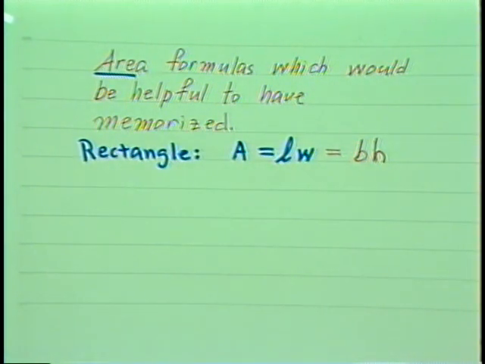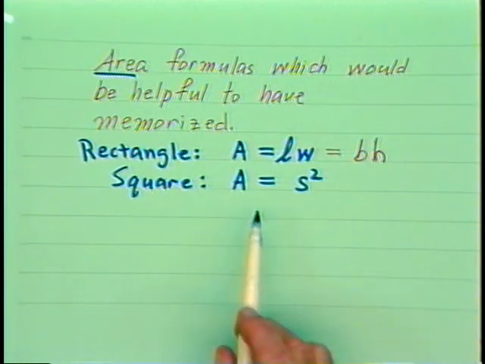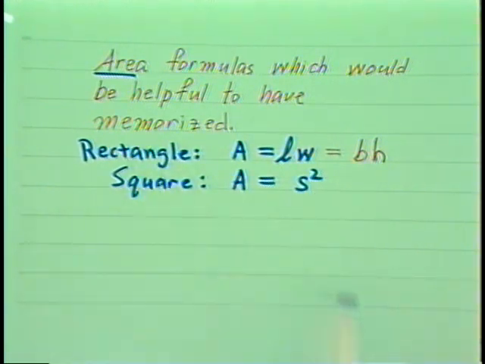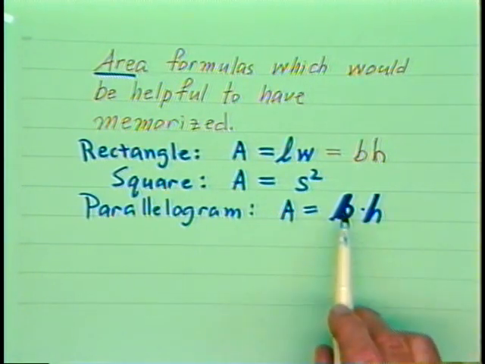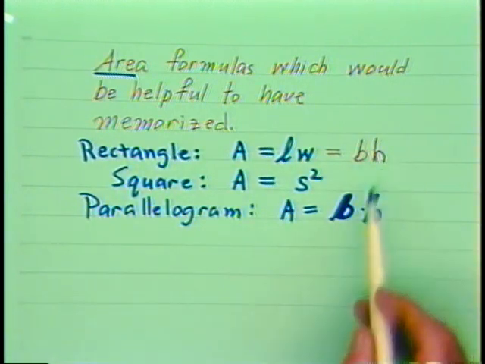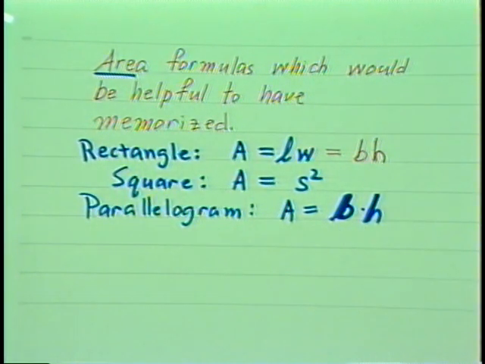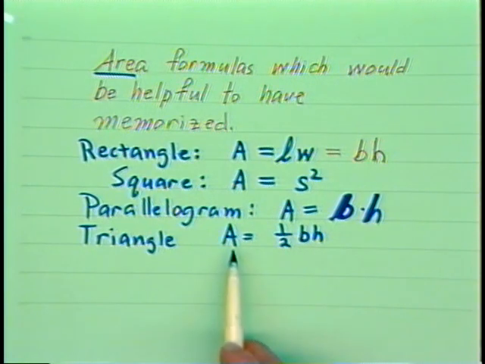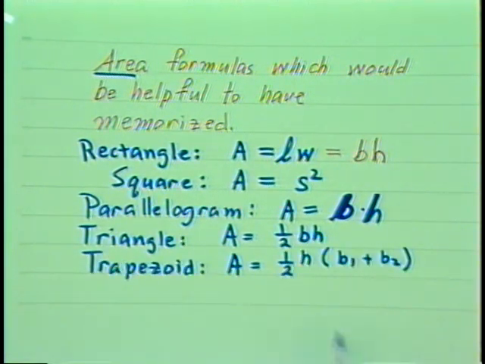And then its special case, the area of a square, and a generalized case that takes care of these two and a few more, the area of a parallelogram, base times height. And of course a rectangle is simply a special case of a parallelogram. And of course the area of a triangle, 1/2 the base times the height. And the trapezoid we had mentioned, 1/2 times the height times the sum of the two parallel sides called bases.